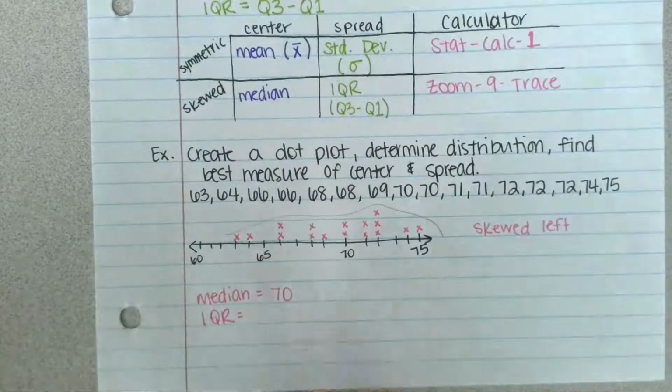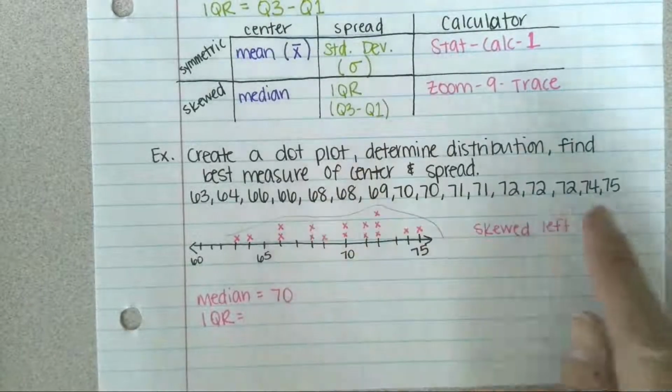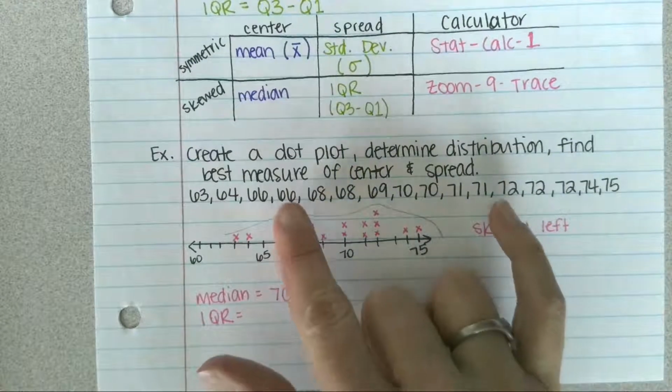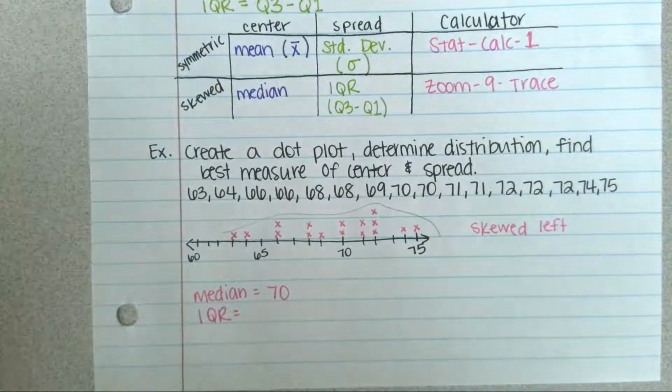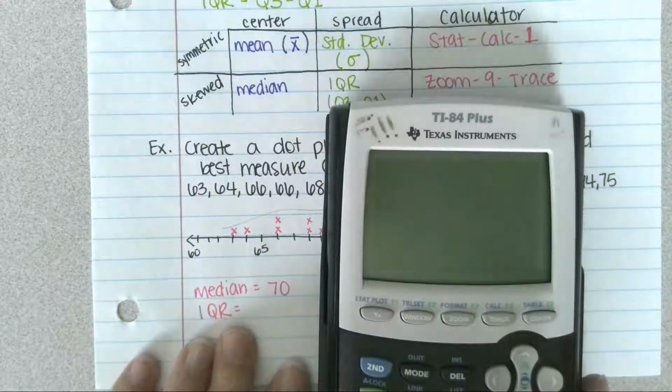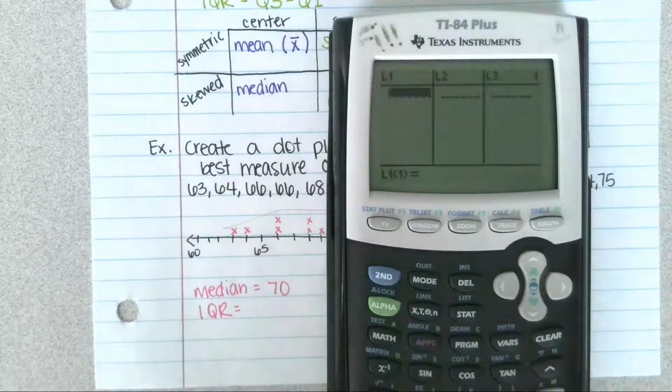You could find Q3 and Q1 from this set of data pretty easily, but I'm going to show you in the calculator to make sure that you have that. So in the calculator, we are going to press Stat and Enter, and we're going to put our list of data into the calculator.